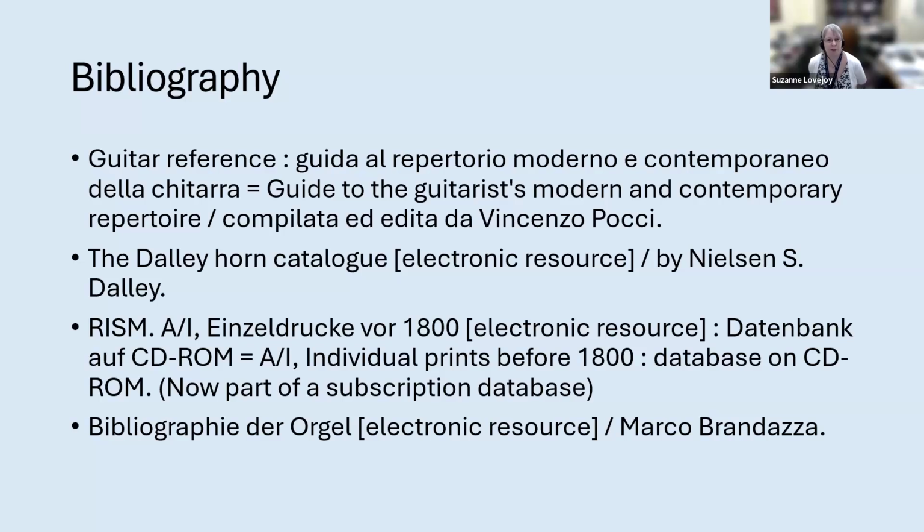And this particular part of the series, the single prints devoted to one composer, had already been out in 14 volumes. So then they added a CD-ROM, and now it's an electronic database. And that way, as libraries submit new titles or holdings to the project, they can keep it up to date. Next slide.